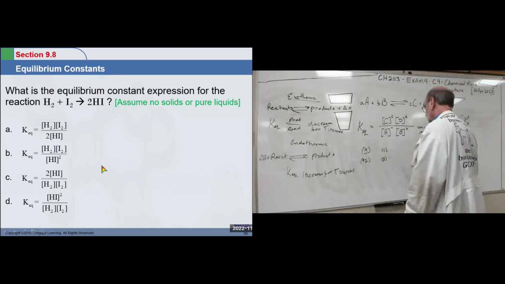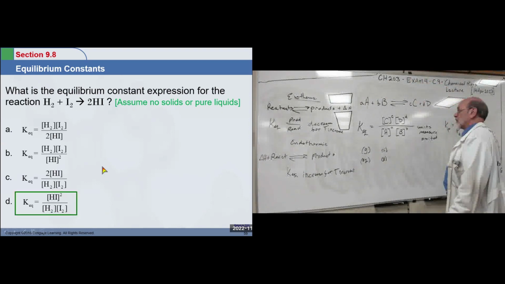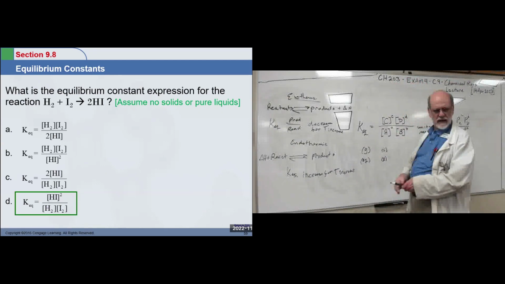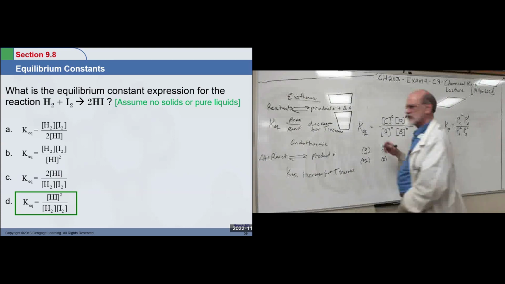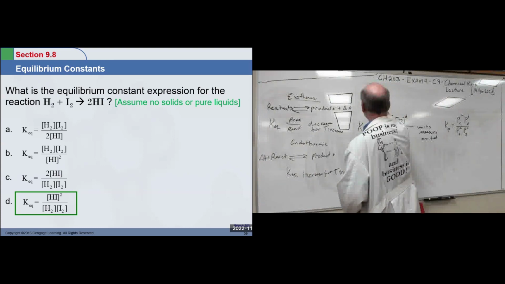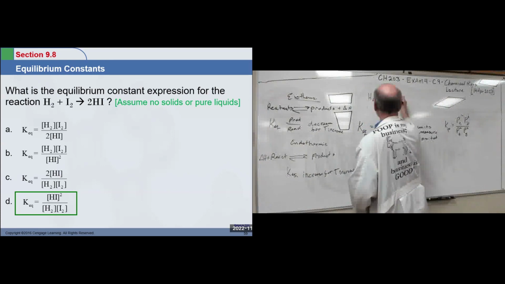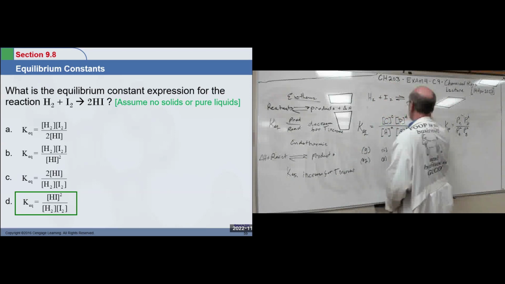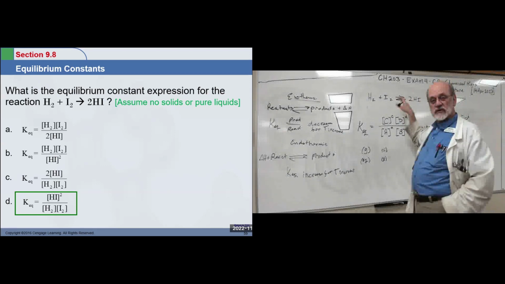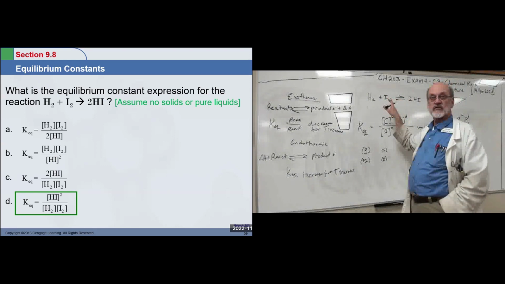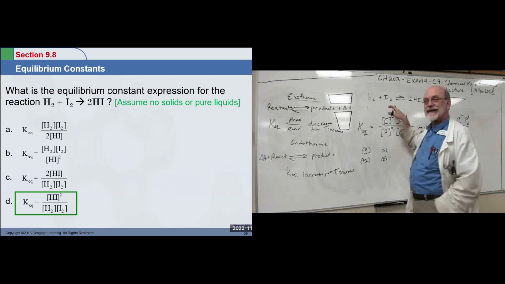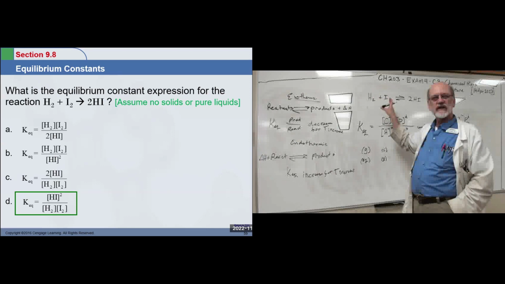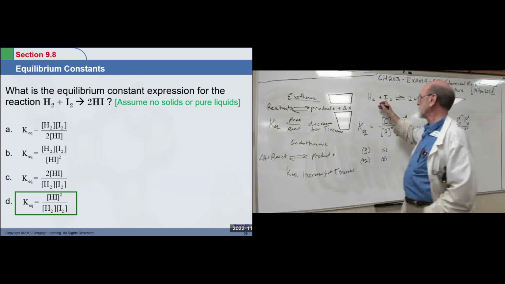Okay, so let's take this same reaction we had before. H2 plus I2 yields 2HI. Now, we have to assume that these are valid concentrations. Right? Iodine is typically solid at room temperature, but for this reaction, we've turned it into a gas. Okay.